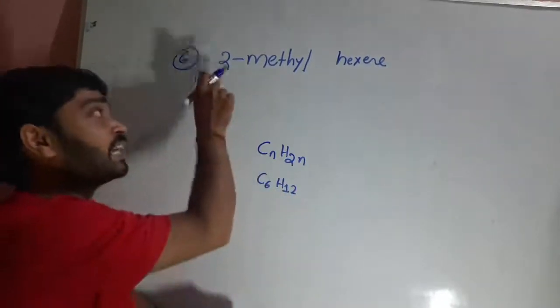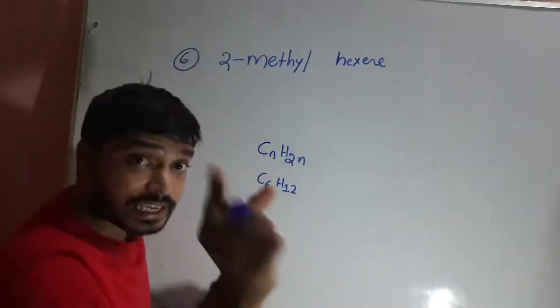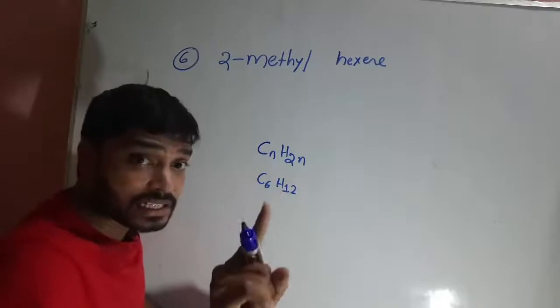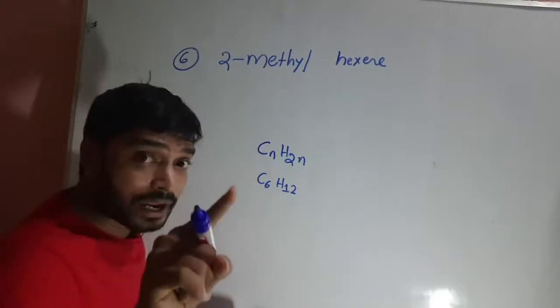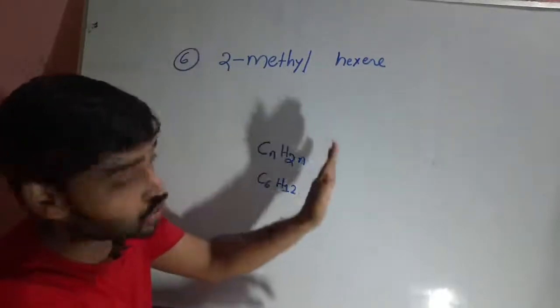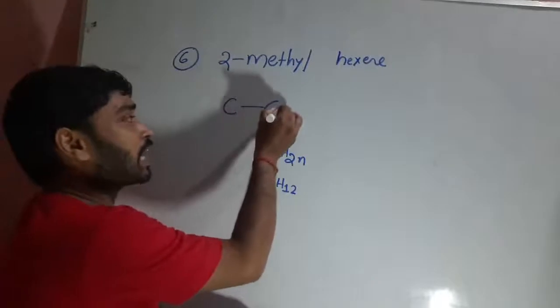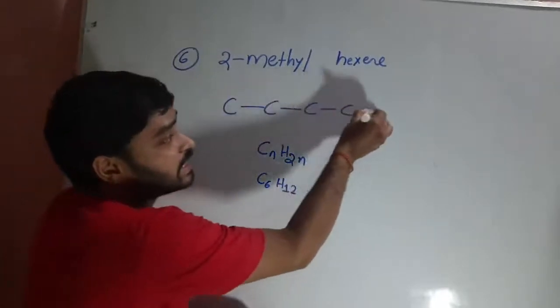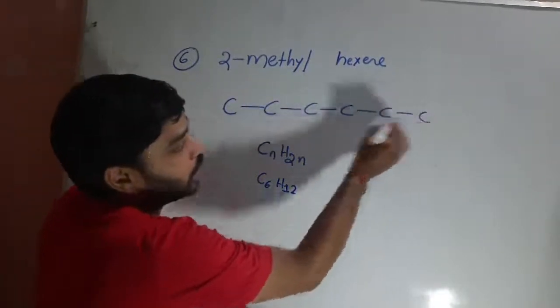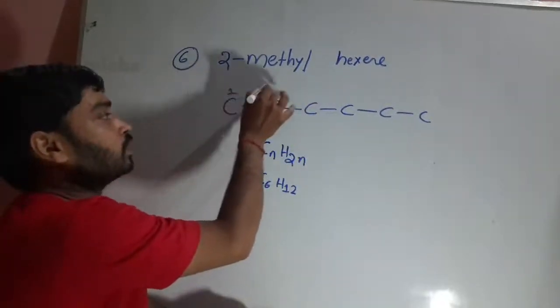But from the second carbon, one hydrogen gets displaced or replaced, and it is occupied by the alkyl group. The alkyl group is methyl. Opening the structure, that means 6 carbons are present. So I am expanding the carbon by placing single bonds between the carbons. So here I have expanded the structure with 6 carbons. I am numbering the carbon chain.